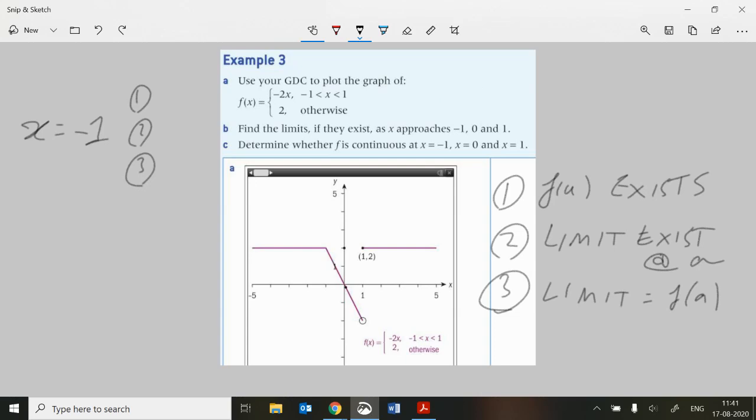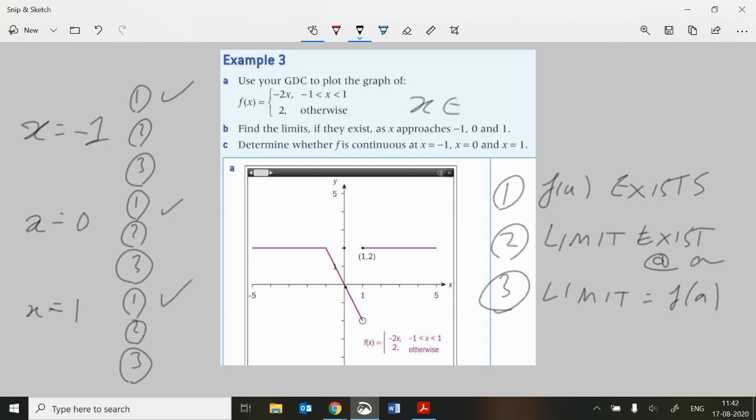So in fact, for all of these, and let's do x is equal to 0 and x is equal to 1 at the same time, 1, 2, 3, and we've got 1, 2, 3. So for all of these, the first condition is met because this is defined for all x belonging to the real numbers.